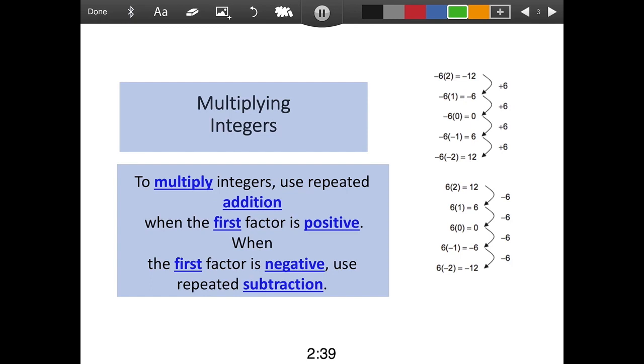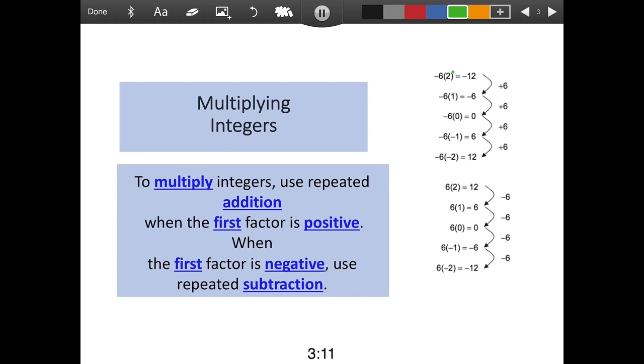It shows that -6 times 2 is -12. -6 times 1 equals -6. And it shows that they're going from -12 to -6. I'm adding a positive 6. So it's just showing with those multiplication tables that I am adding 6 each time. So if you notice right here, I'm starting with a negative number times a positive number, and I'm ending up with a negative 12.